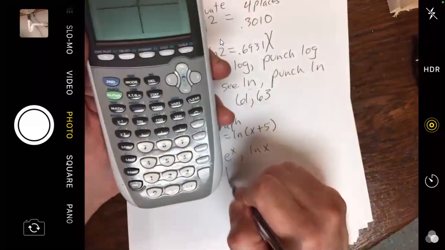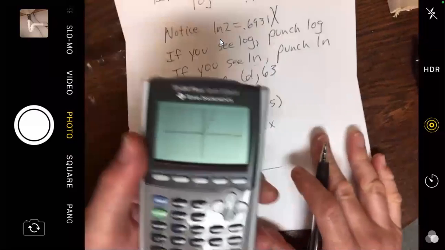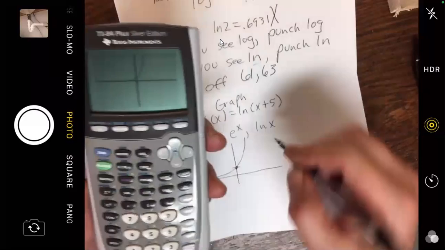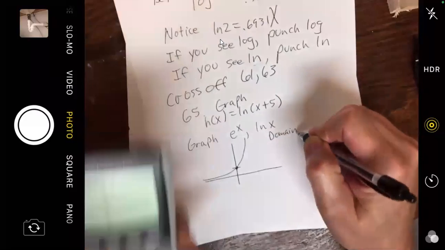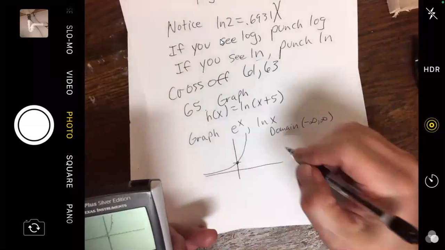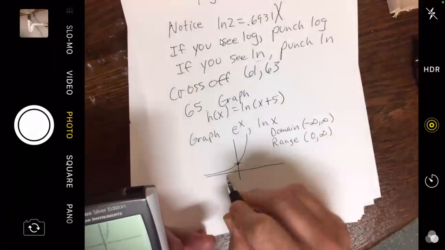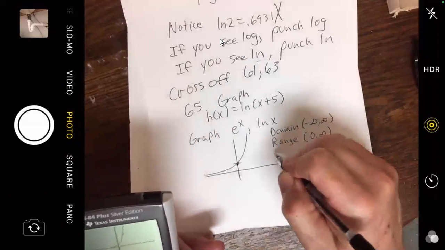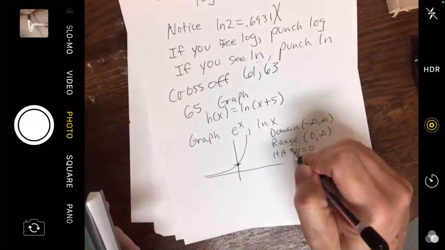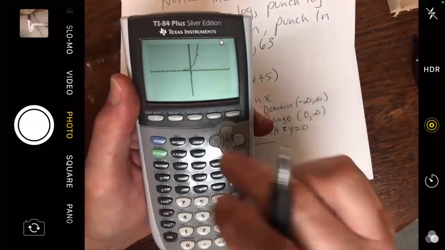It's got a y-intercept here. It's like your basic exponential. It approaches the x-axis as an asymptote. Notice the domain is negative infinity to infinity. Remember, exponentials have no domain problems. Range is 0 to infinity. Your horizontal asymptote is y equals 0.